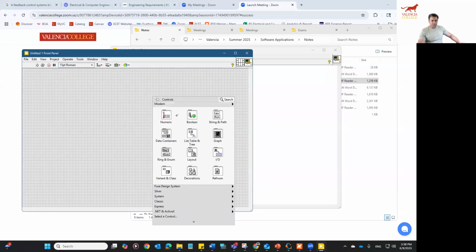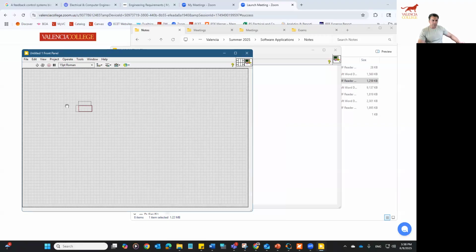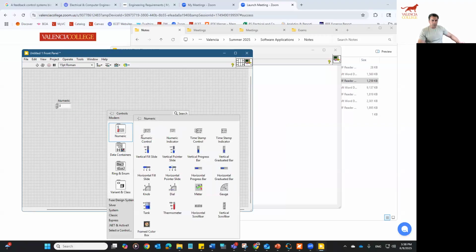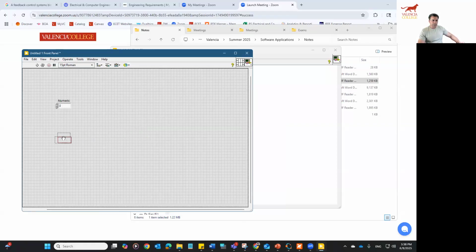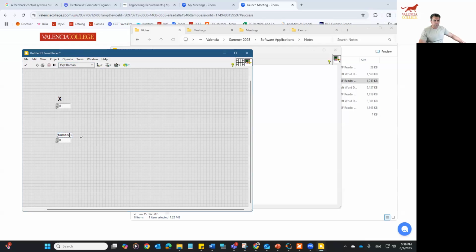So let's say we have a numeric control and another numeric control. And this is my X, and the other one is my Y.